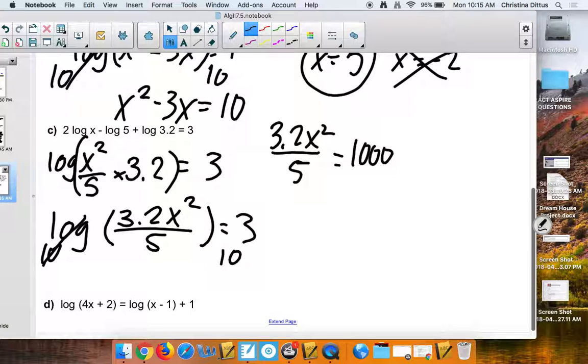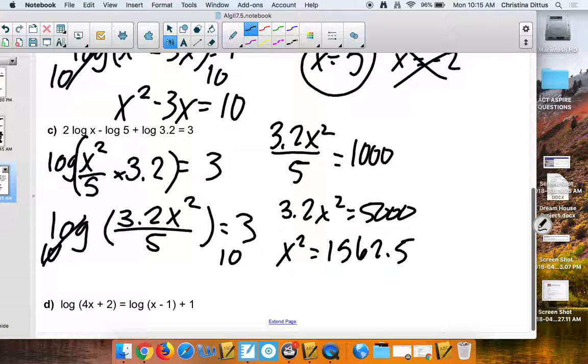Now I gotta start getting rid of stuff. What's the first thing I do? Multiply by 5 and we get 5,000. Then what? Divide by 3.2 and we get 1,562. Okay. When I square root, how many answers do I get? 2. But what do we find out about negatives? They don't work.